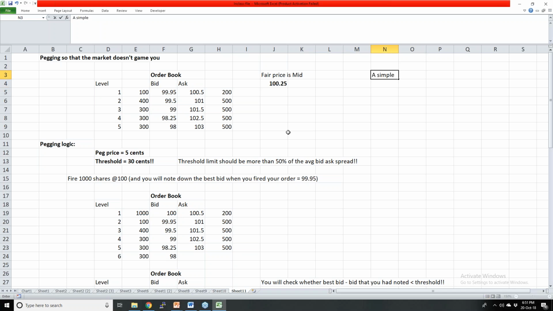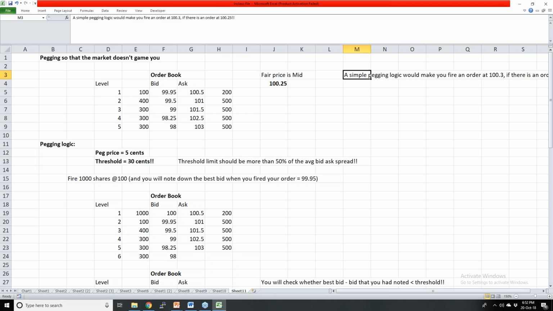If you have a simple pegging logic, it would make you fire an order at 100.3 if there is an order at 100.25.